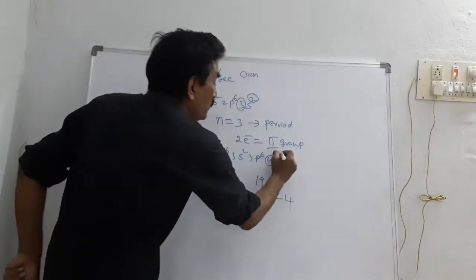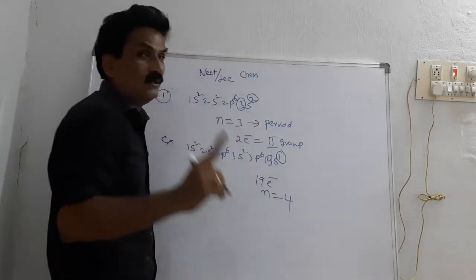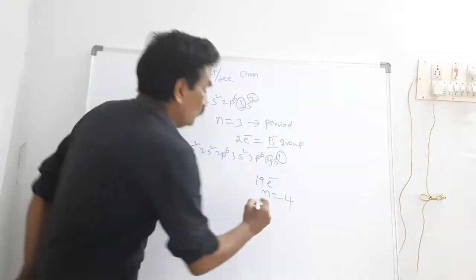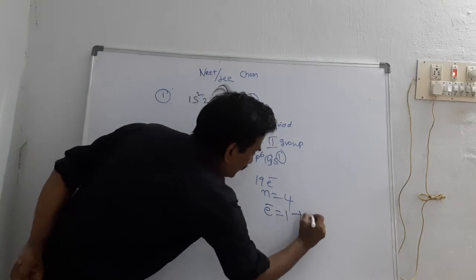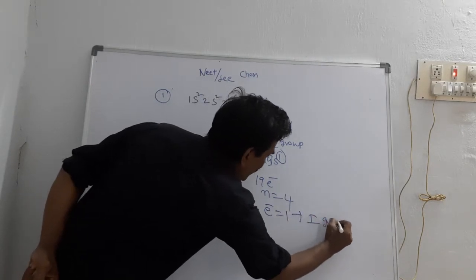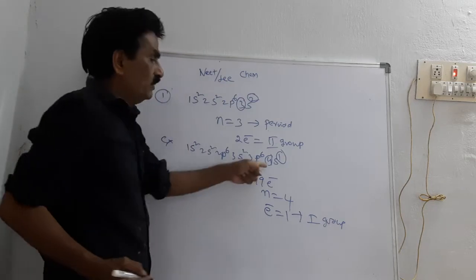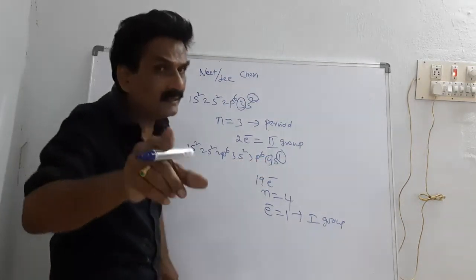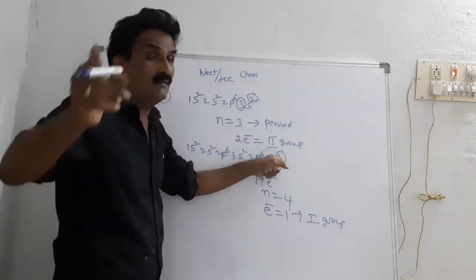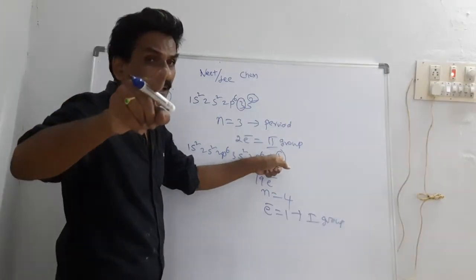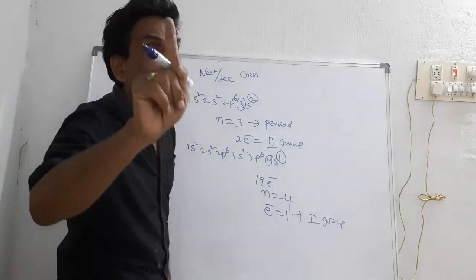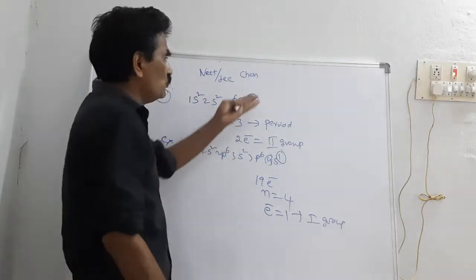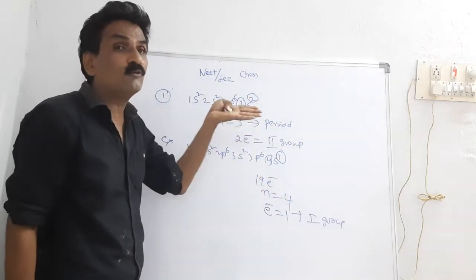How many electrons are there in the s block? Only one electron. So electrons 1 indicates the first group. Principal quantum number indicates the period, and the number of electrons in the valency shell, that is the s block, is only one, so it belongs to the first group. So you can find the group if it belongs to the s block.